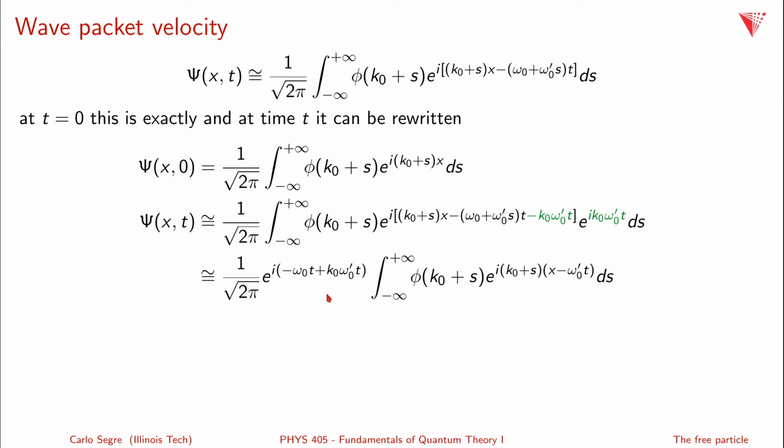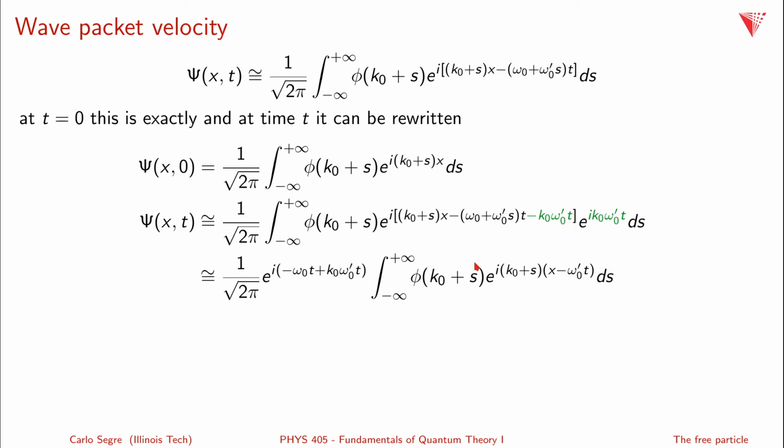So this term comes out, and then I'm going to take the term out that has the omega sub 0 times t. But I'm going to leave everything else in, because now I can rewrite this as k sub 0 times omega prime 0 plus s times omega prime 0 times t.